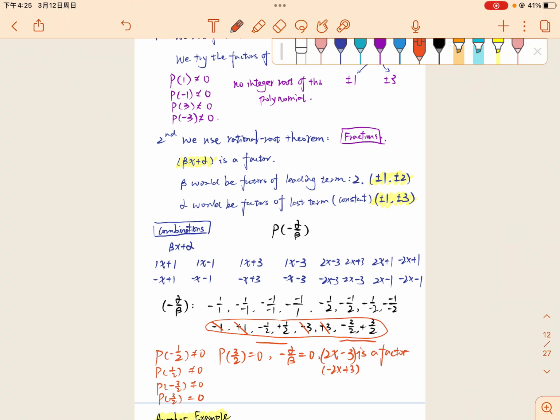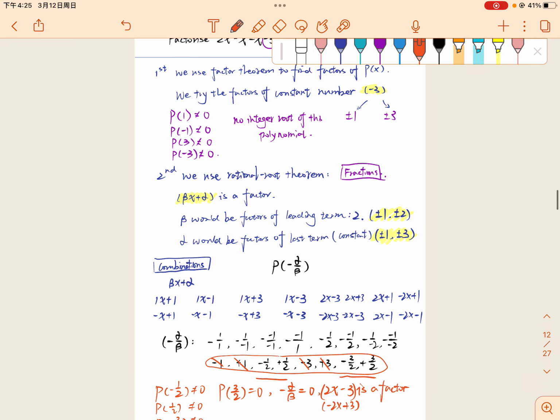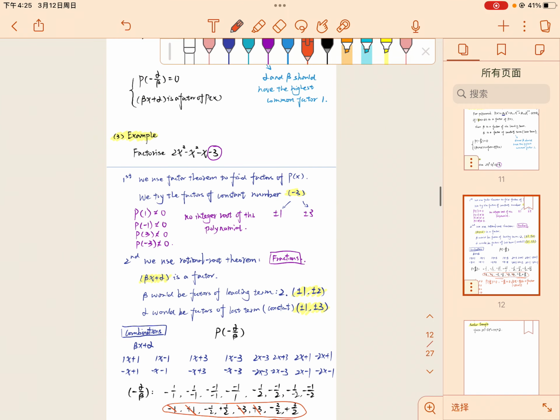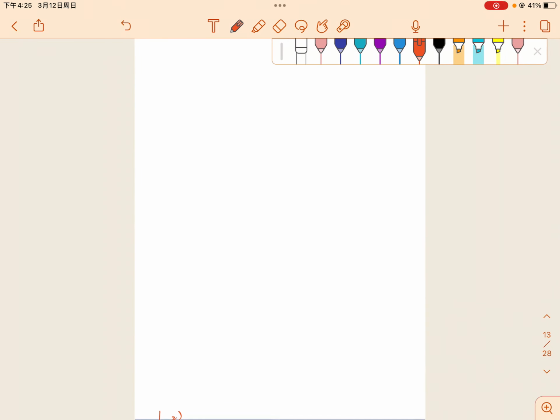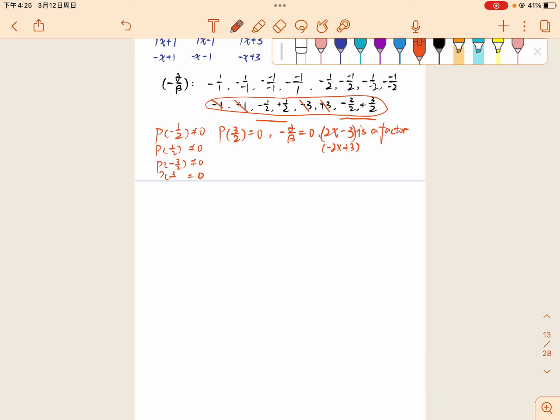It's the same thing. So now you have 2x minus 3 as one factor. So you can do the long division or use your calculator. So now your P(x) equals 2x minus 3 times another quotient Q(x).